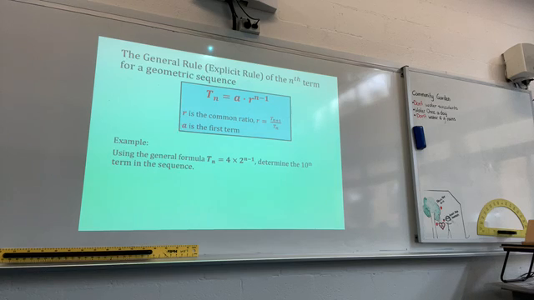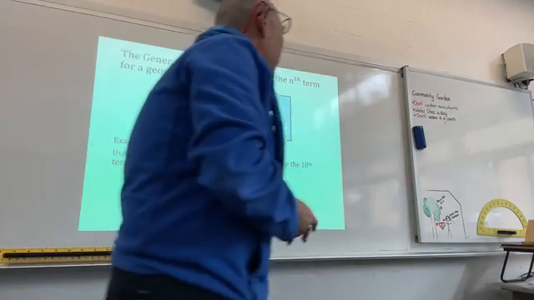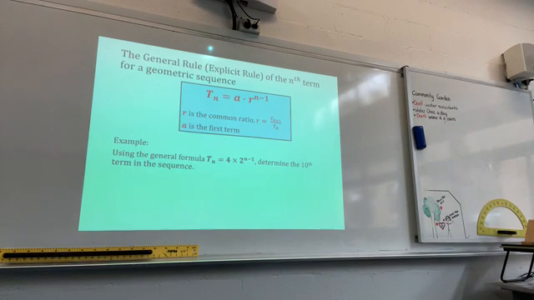Tn equals A times R to the power of n minus 1, where R is the common ratio, which you can determine using Tn plus 1 divided by Tn, and A is the first term. So therefore, using the general form Tn equals 4 times 2 to the power of n minus 1, can you determine the 10th term in the sequence? Yes. What is it? 4 times 2 to the power of 9.